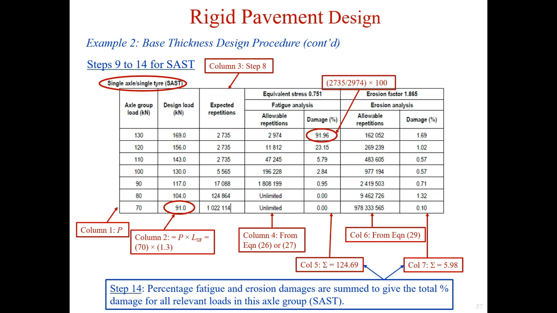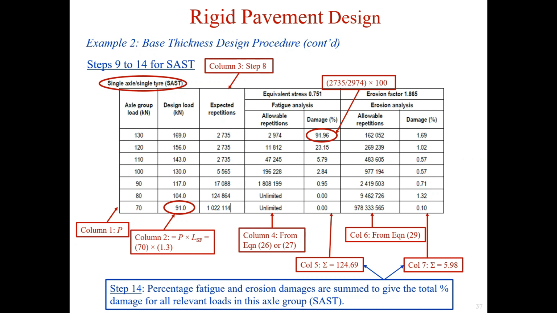If we sum all the fatigue damage, we get the value of 124.69%. The sixth column is allowable repetitions for erosion distress, and the values come from erosion equation 29.